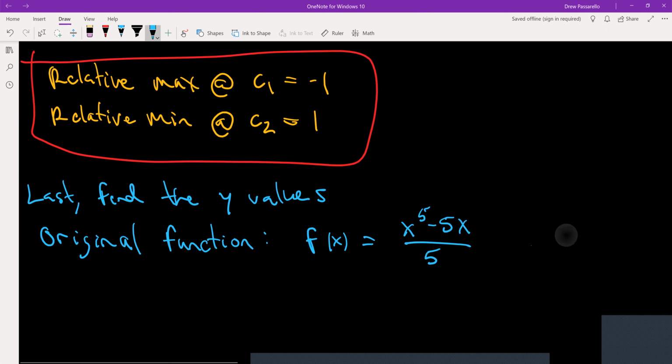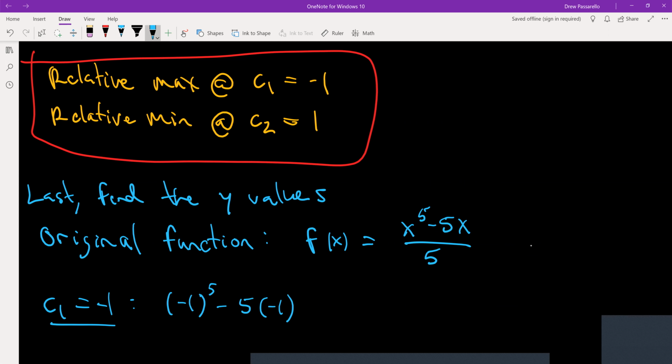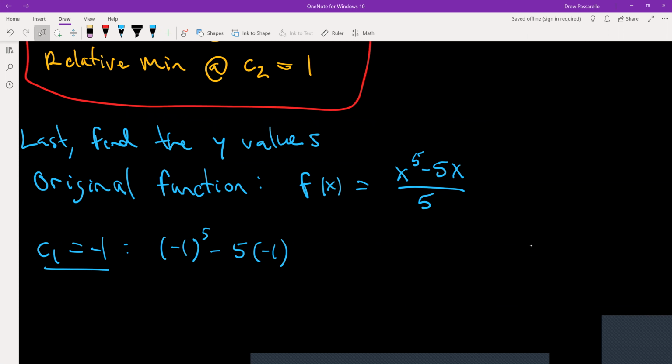All right, so I plug in each one. So for -1, that's going to be -1 to the 5th minus 5 times -1, divided by 5. So the -1 to the 5th power, that's an odd exponent, which means that stays negative.